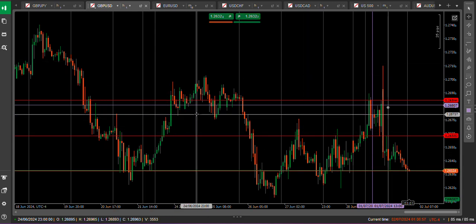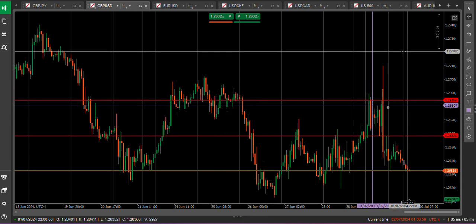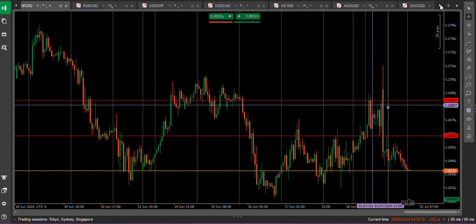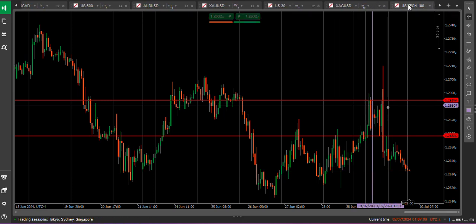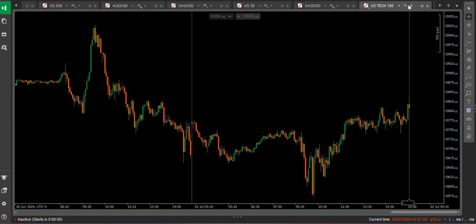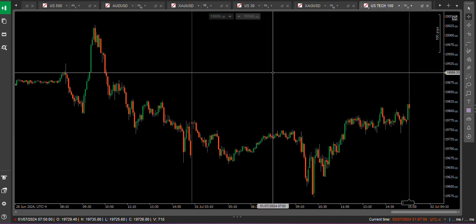Now this is how you do them on currencies, but let me add something here for the NAS and other markets. This method, we use it for gold and other market classes.